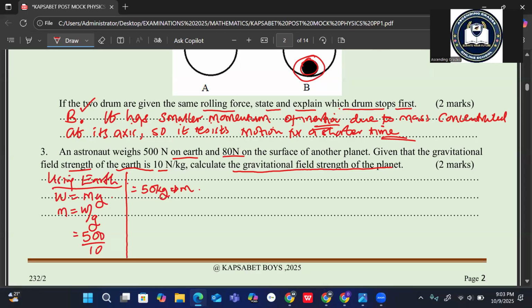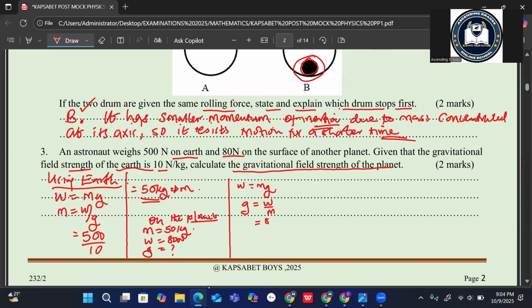Therefore, since this one is held constant, now you can use it on the planet. You can say that our mass is 50 kg, then our weight is 80 newtons. Then now we are looking for our g. From weight equals mg, our g will be given by weight over m.